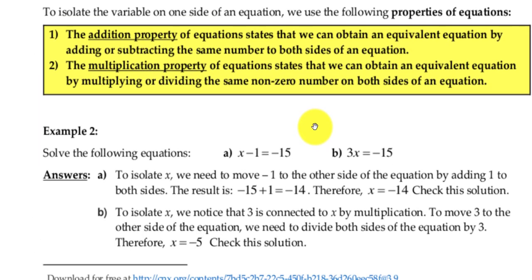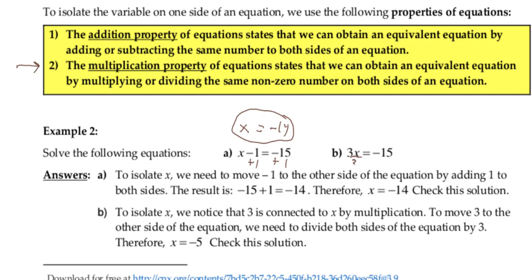Right, so when you look at example 2, if I want to solve for x, I can use the addition property. If I add 1 to both sides of my equation, the 1's cancel, leaving me with just x equals -15 plus 1 is -14, right? So that would be my answer for letter A. And I can use the multiplication or division property, right?